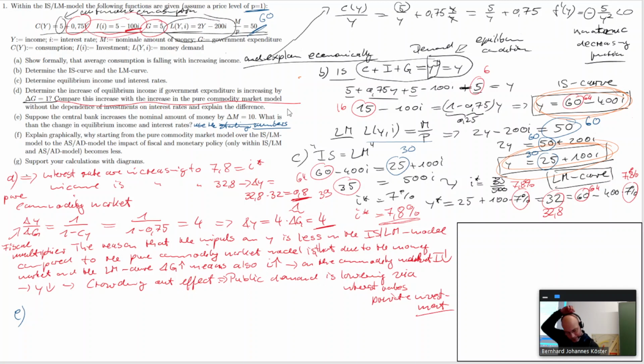So this means 30 here. Then we have 60 minus 30. So I star will then be 6%. What is then equilibrium income? Also, this 25 has to be a 30.